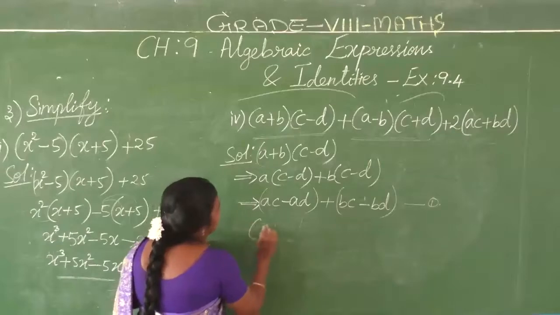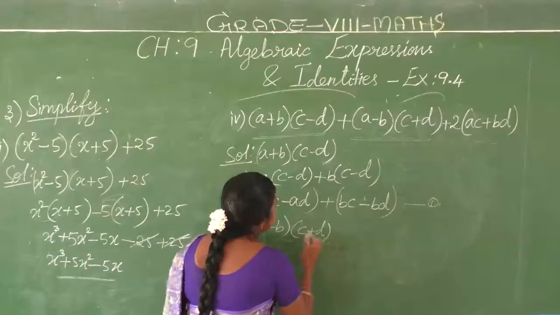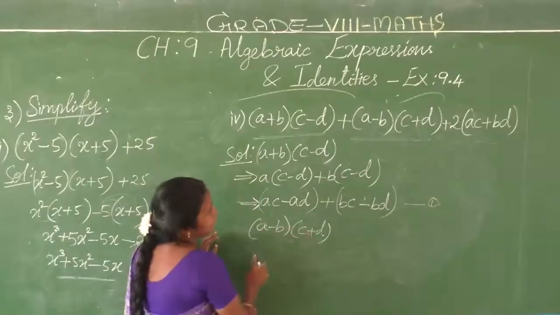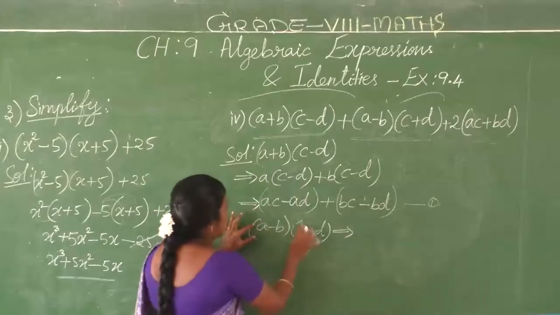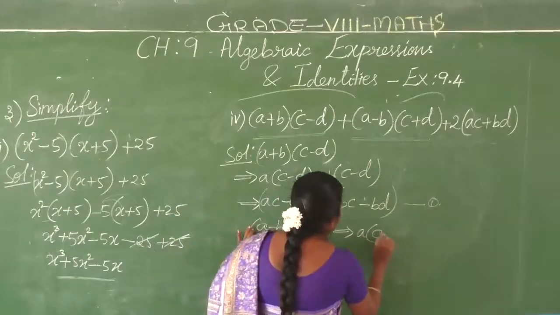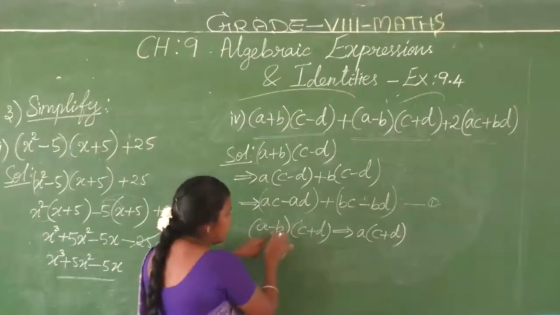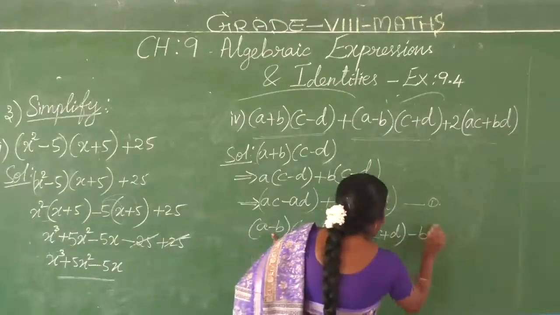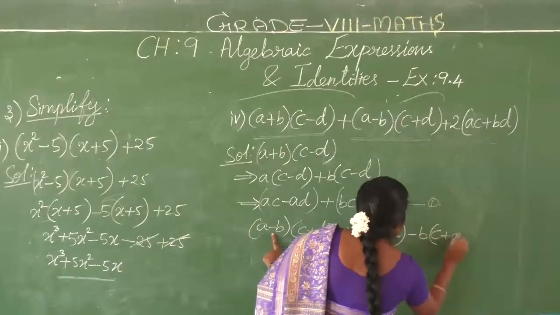Now take the second part. Okay, (a minus b) into (c plus d). What comes? A into (c plus d) minus b into (c plus d).